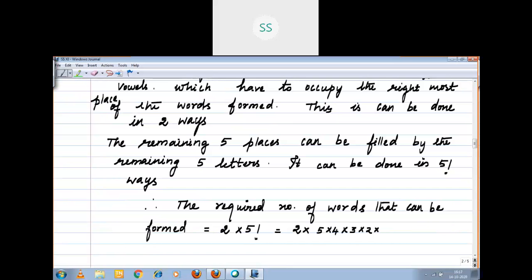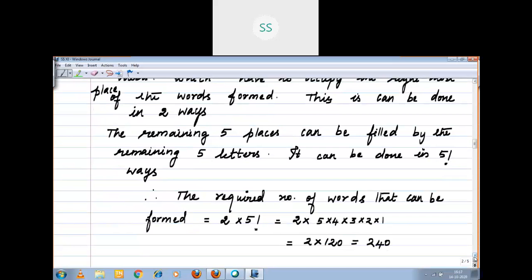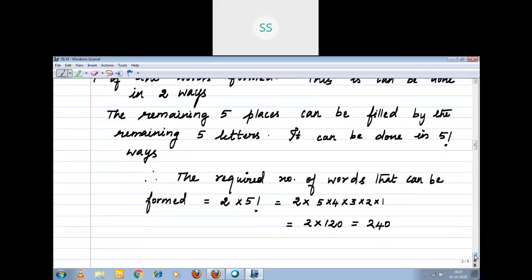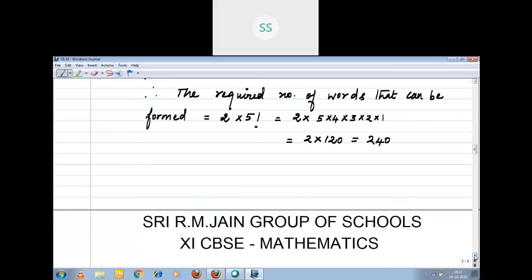So that should be 2 ways into 5 factorial. So 2 into 5, 4, 3, 2, 1, which is equal to 2 into 20 into 6, 120, which is equal to 240. Got it, children? Now I am going to move to question number 10.